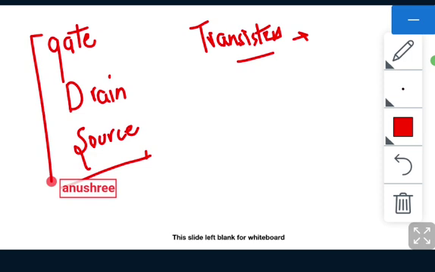Okay, so by applying voltage at the gate, it generates an electrical field to control the current flow through the channel between drain and source.